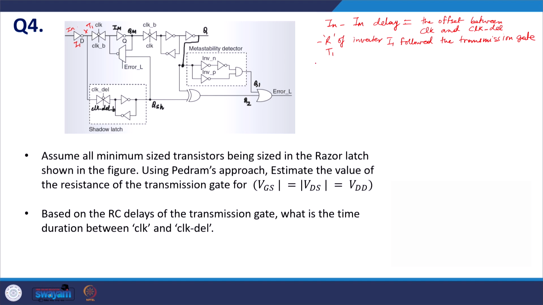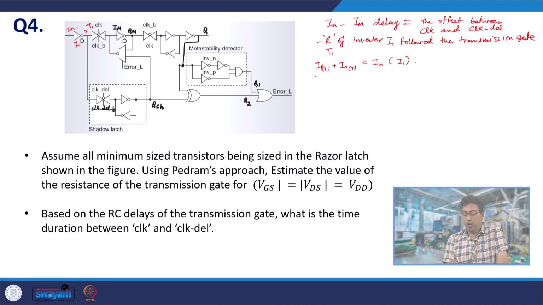So, the IP of transmission gate plus IN of transmission gate would be equal to IN while discharging of inverter I1. Okay. So, how do we calculate these currents?